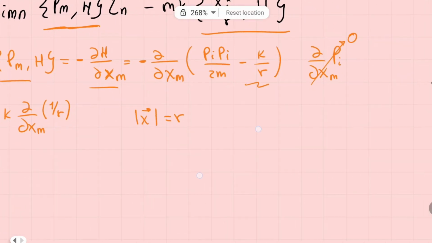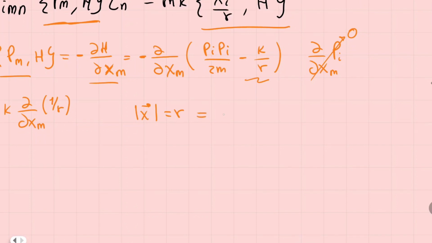Okay, well, we can express this as xl times xl raised to the 1/2 power. Okay, it is just the magnitude of the vector. Look that here we have the dot product. Okay, x1 squared plus x2 squared plus x3 squared raised to the 1/2 power.